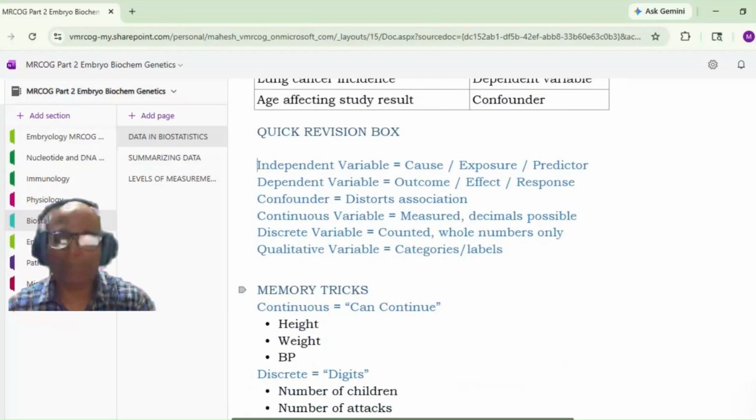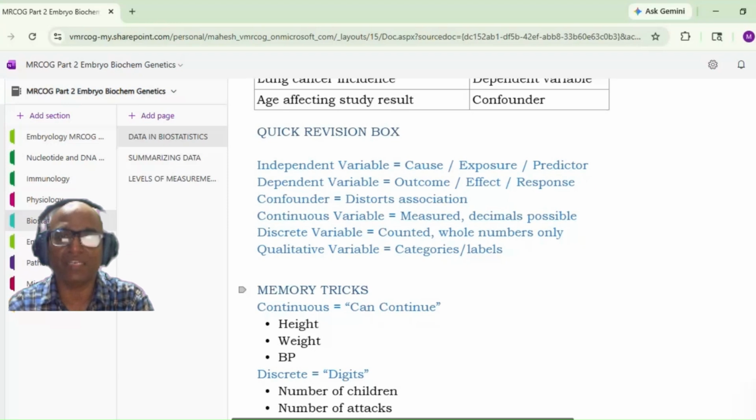You should remember, independent variable is generally a cause, exposure, or predictor, while dependent variable is the outcome, effect, or response. Confounder is something which distorts the association. It is associated with both exposure as well as the outcome, and it is independently associated with the outcome.